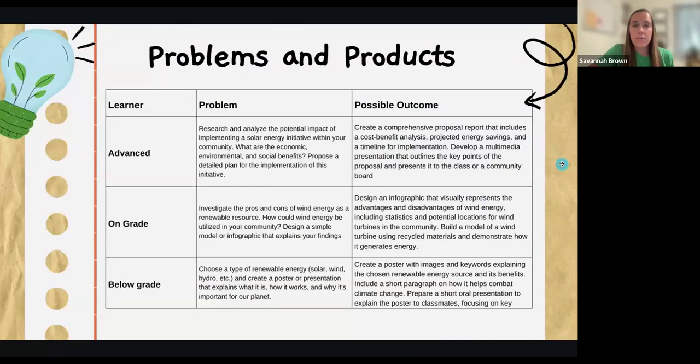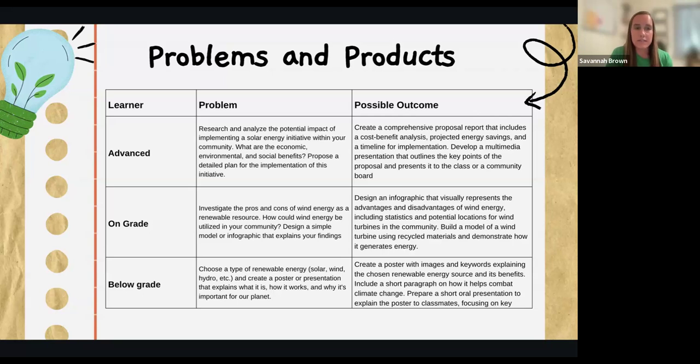So I talked about project-based learning. The reason that I use this is because it is so easy to differentiate the different problems and outcomes for my students. So the way that project-based learning works, or problem-based learning, is you give them a prompt, and these clean energy, renewable resource prompts are very much real world, and connect them with the real world and give them a lot of buy-in and ownership over the science that they are learning.